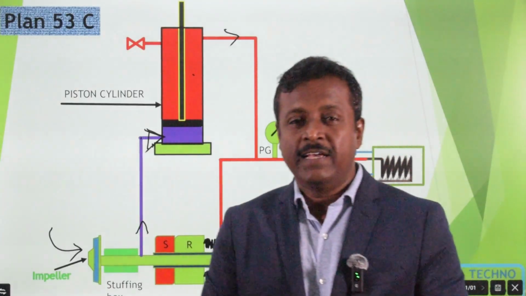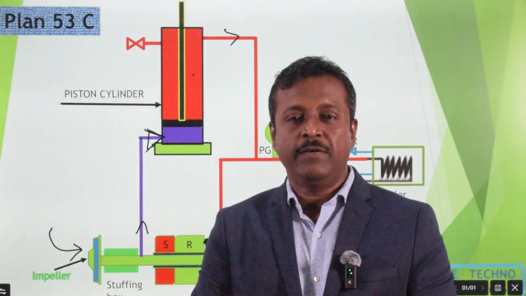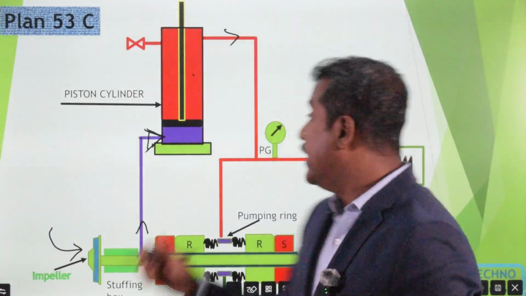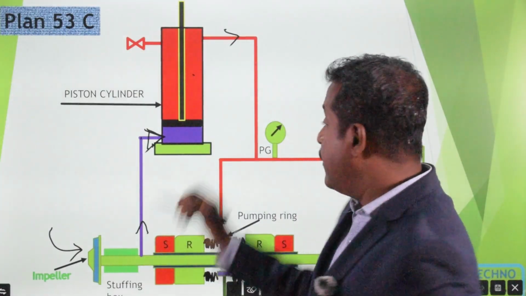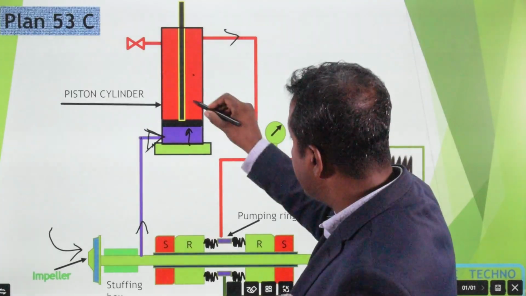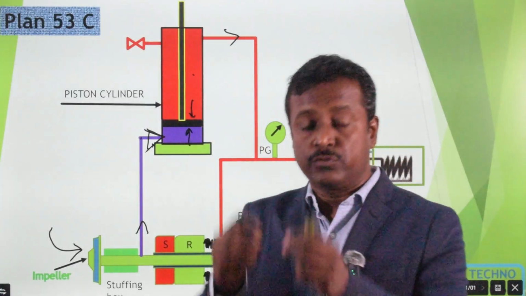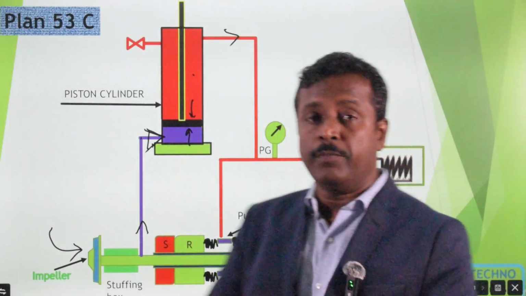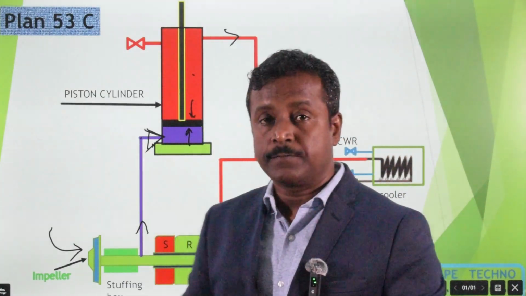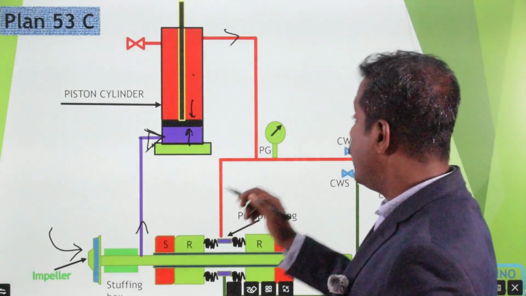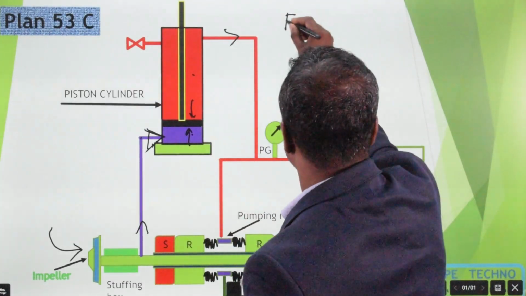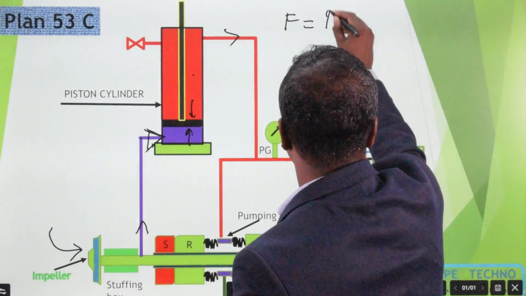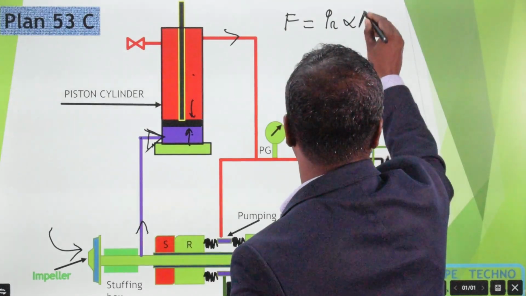That is the primary thing of a physics force balance. In that particular system, the force on the bottom side of the piston and the top side of the piston should be balanced. Then only will this piston be in a steady state condition. Now, at the bottom, what is the force? We know force equals pressure into area.